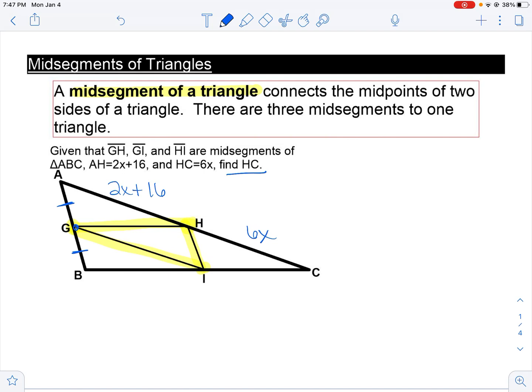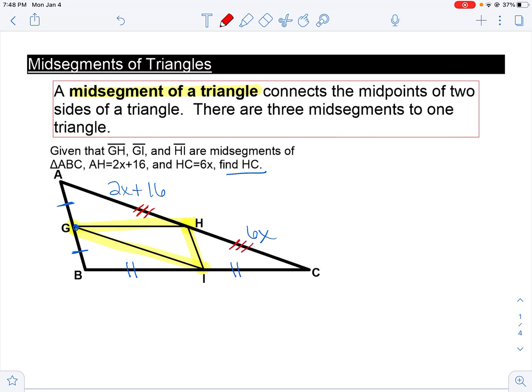Point I is going to cut segment BC into two congruent pieces. And I'll go ahead and change the color so we can see it a little better. Point H is going to cut segment AC into two congruent pieces.